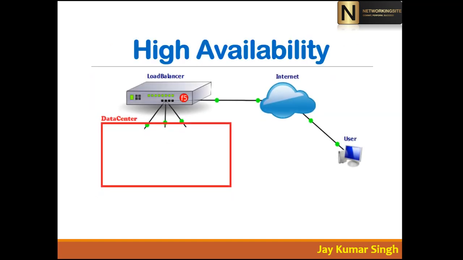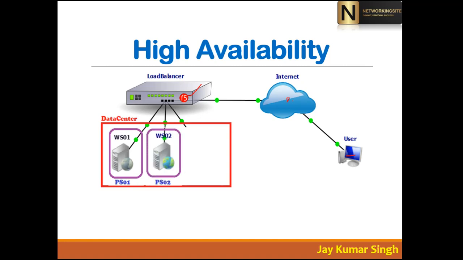Let's talk about how high availability works inside a data center. The user is accessing your data center through the internet, and the user connection comes to a load balancer, which provides server access within your data center.